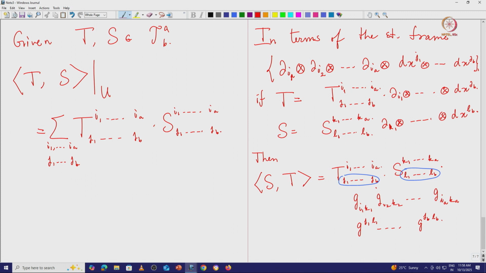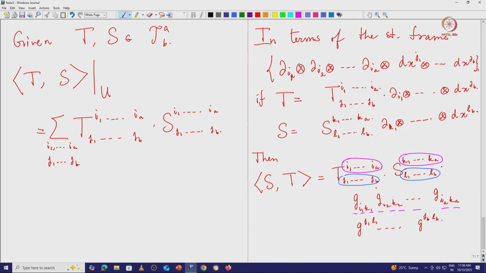Okay, so you have this very scary looking formula, but you can notice what is happening. Corresponding to all these upper indices, you think of them as the vector part of your tensor. Then you multiply by the corresponding metric components.